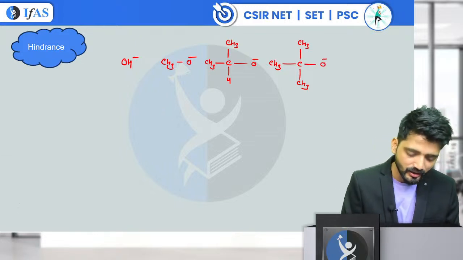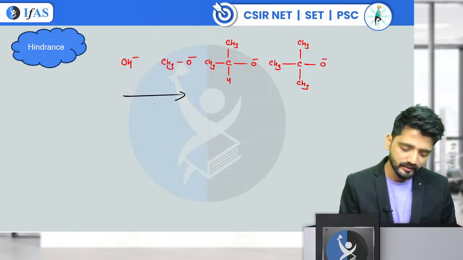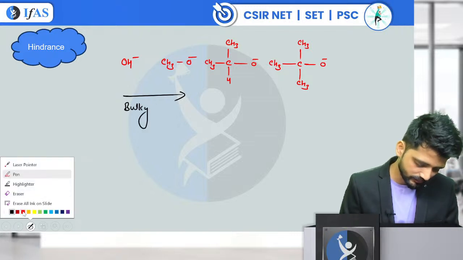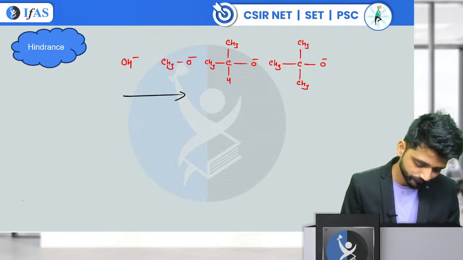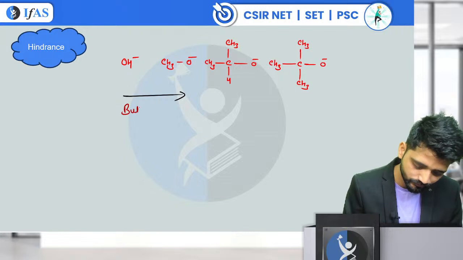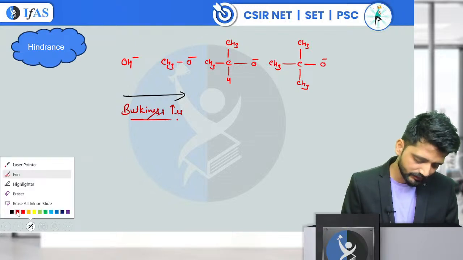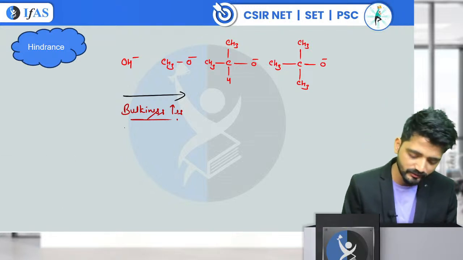We observe that when we are moving left to right, the bulkiness of the groups is increasing. When the bulkiness of the groups increases, then sure shot their nucleophilicity is going to decrease.